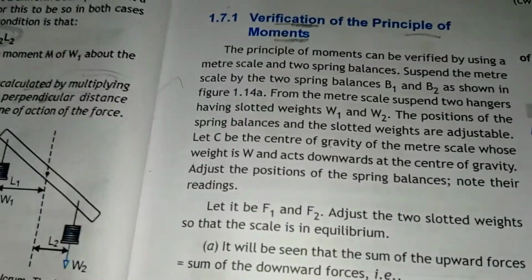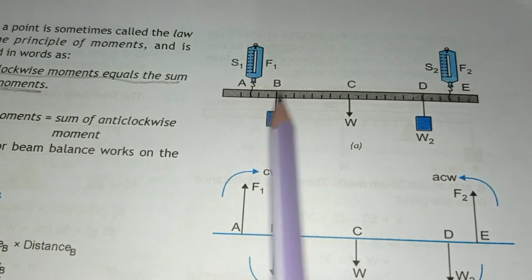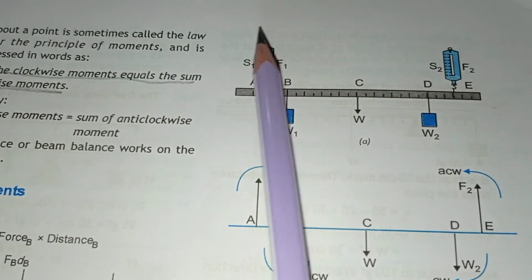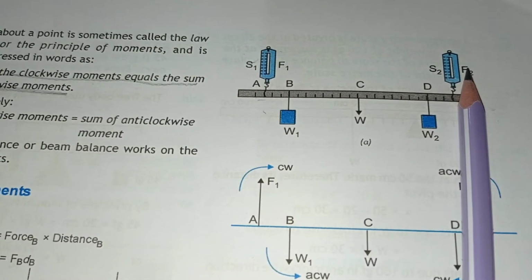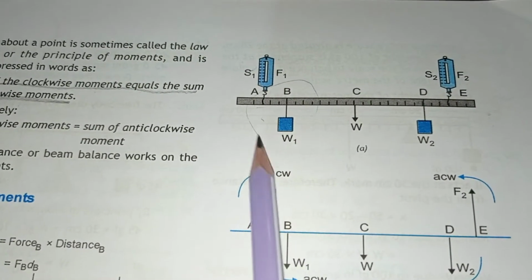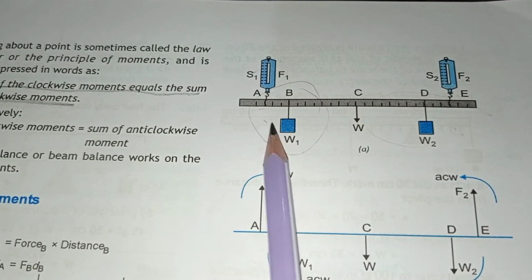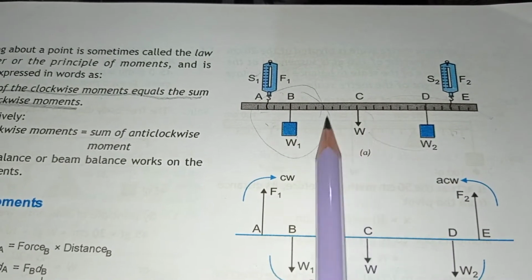The first example which verifies the principle of moments is a meter scale suspended by two springs S1 and S2, and on this meter scale two weights are hung.